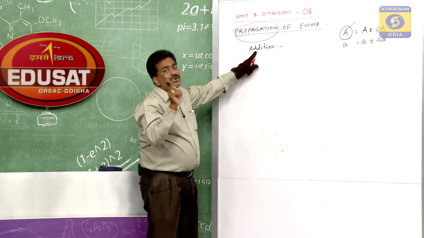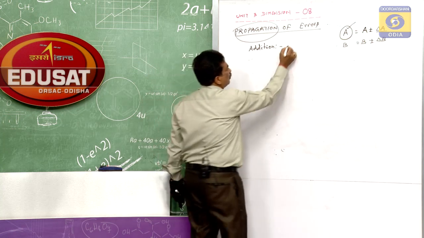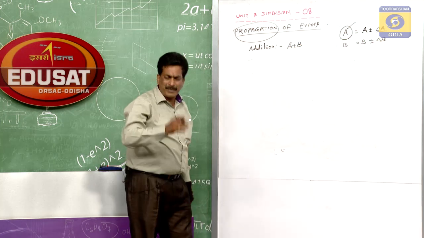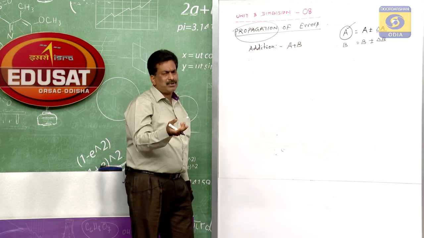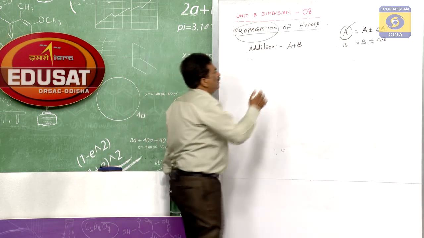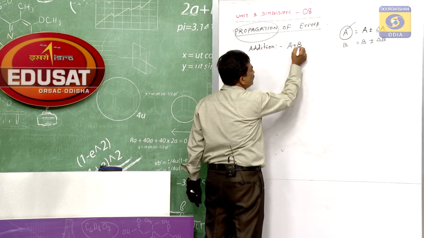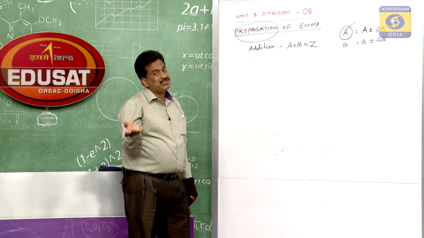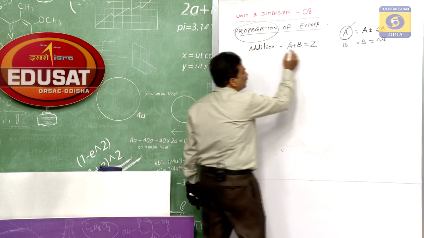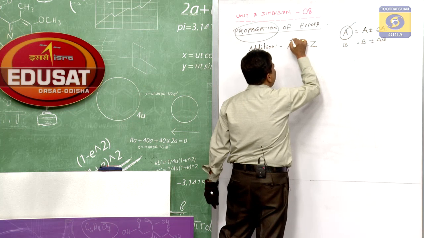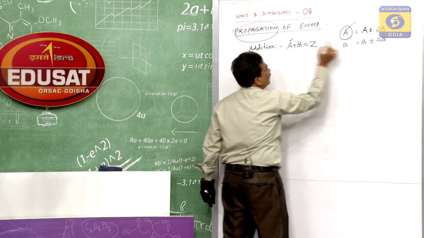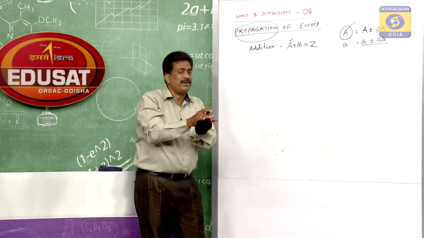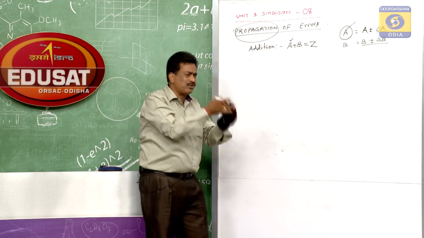What is our aim? To find the addition. Though two bodies, or two observations, or two measurements are there, instead of 2 you may have 3, 4, 5 also. If A and B are the true values and their addition result is Z, but with the errors, A is not A and B is not B. When we are adding, we are adding the error with its true value.